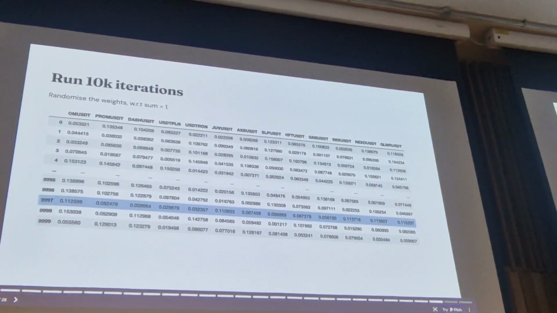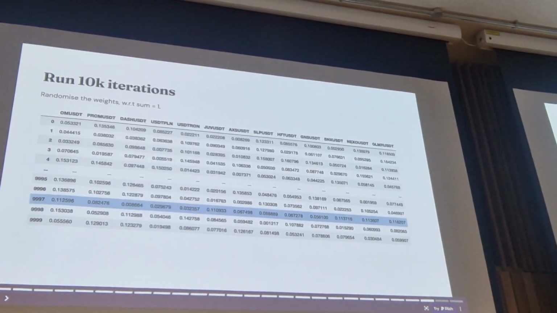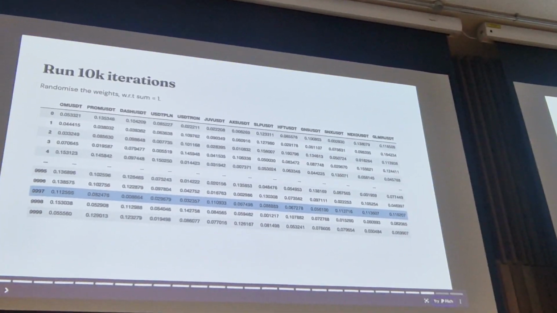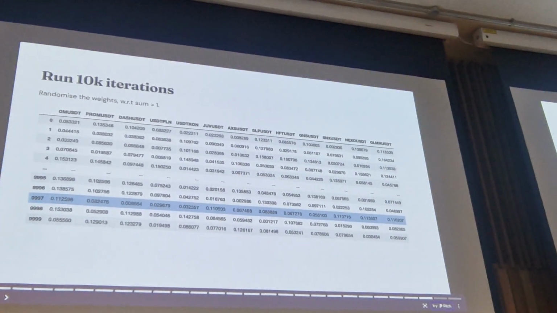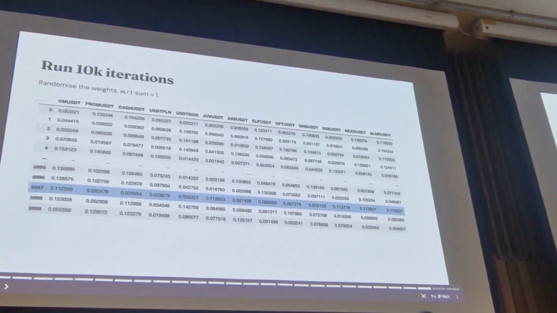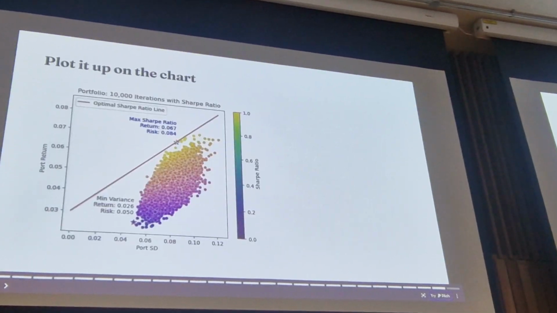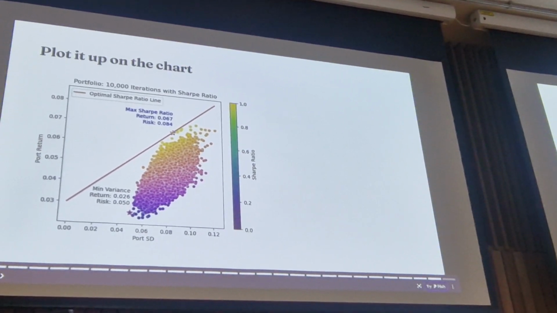Then this is the Monte Carlo of 10,000 iterations. It's very quick because it's done in Python and the calculation is not really computationally expensive. Randomize the weights with the constraint that the sum is equal to 1. Plot it on the chart as the result.